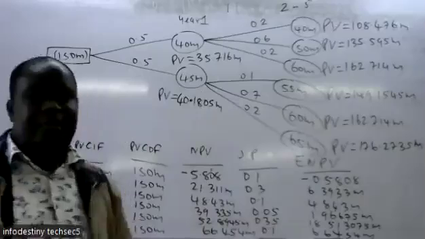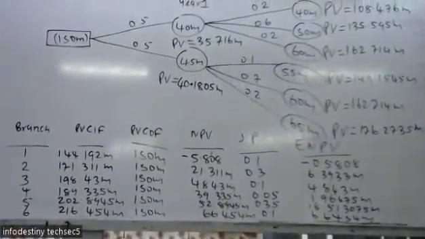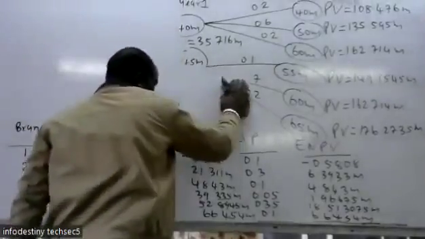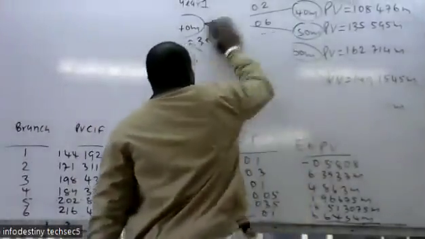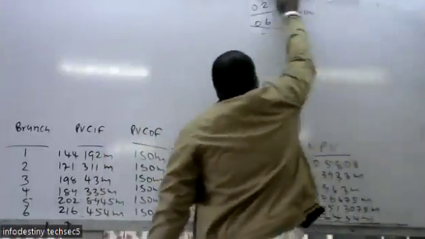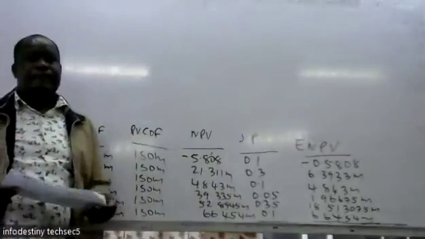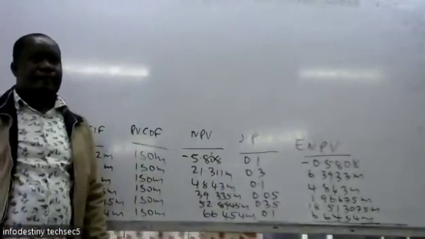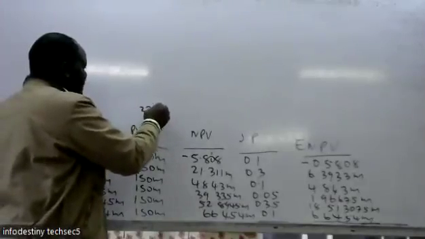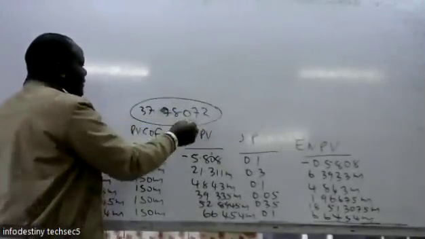Get the total expected NPVs. So now you get those total expected NPVs, which is 7.78072.